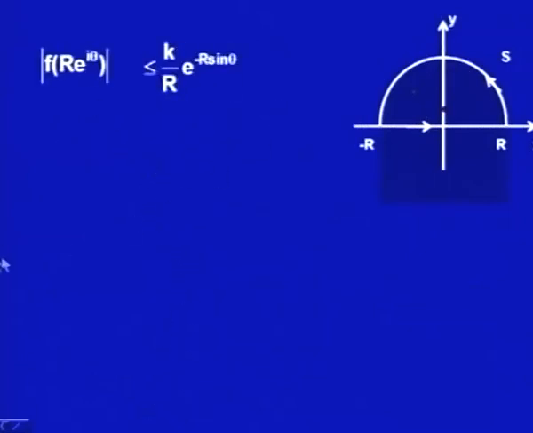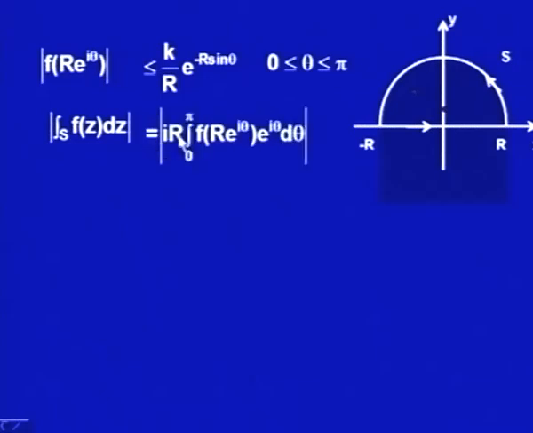Again, for the line integral along a path, the absolute value of the integral is always smaller than the integral of the absolute value of the function.